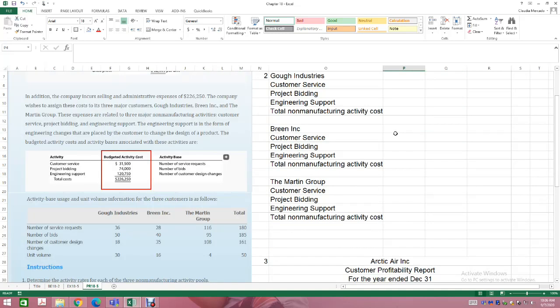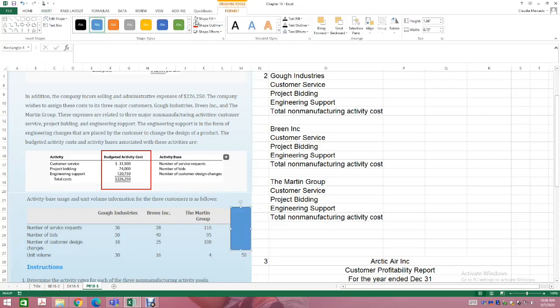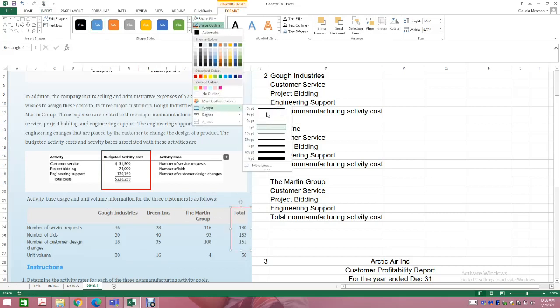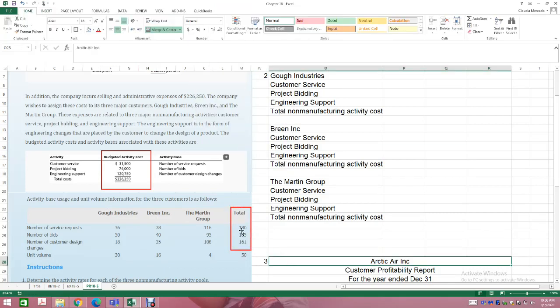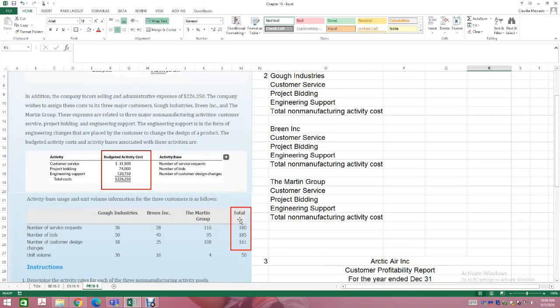Okay. How many do we have of each? Well, here at the bottom we have the breakdown by company, and then we have the total. So this is the total that we're going to be using. So I've got 180 for service requests, 185 for the number of bids, and 161 for the customer design changes. So those numbers are coming from right here.